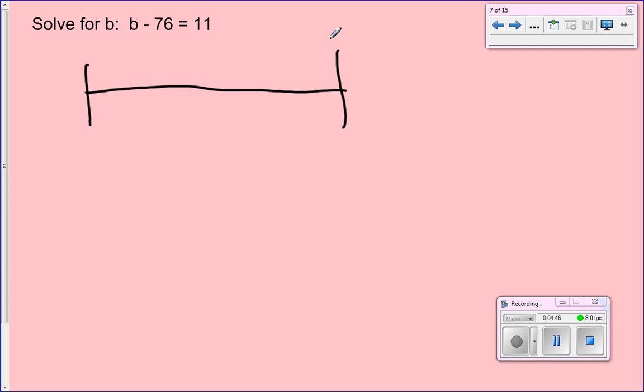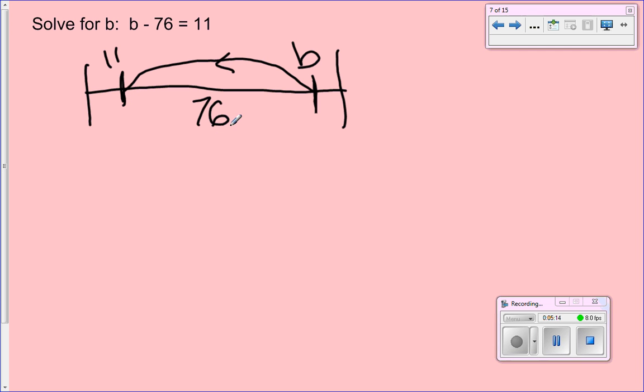I'm actually taking and putting b out here because I'm subtracting 76 from that to get to 11. If I were to actually model what this problem is doing, this is what's happening. I'm going to actually put an arrow on here so I know I'm moving backwards. I'm starting at B and moving backwards 76 to get to 11.